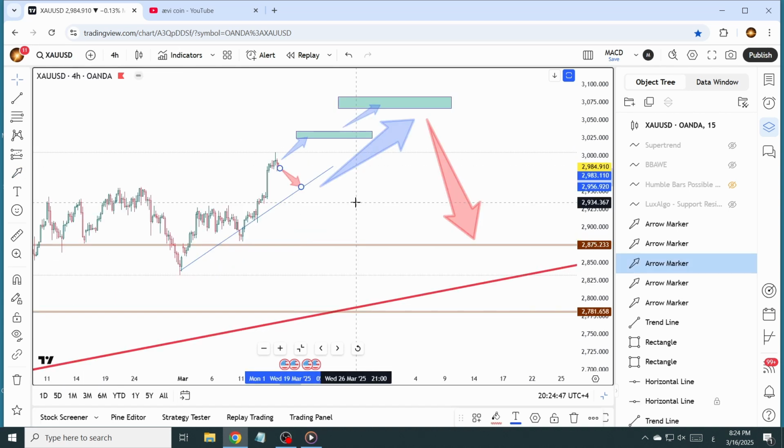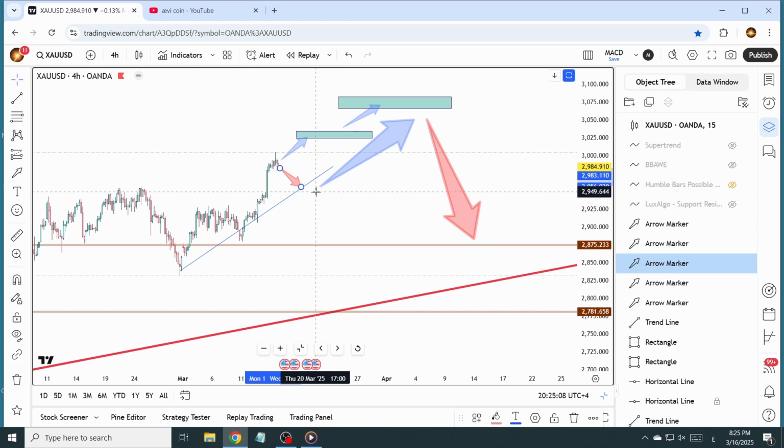So what we are expecting from the price on the first day of the week. Now the first move, what I was looking for, was a small pullback to the support of this trend line, as we see.